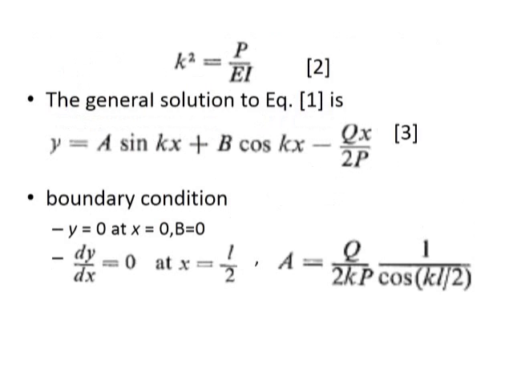Assuming k squared is equal to P by EI, the general solution to the first equation is y is equal to A sin kx plus B cos kx minus Qx by 2P. Now applying the boundary conditions, that is y equal to 0 at x equal to 0, B equal to 0, and dy by dx equal to 0 at x equal to L by 2, we get A is equal to Q by 2kP into 1 by cos kL by 2.